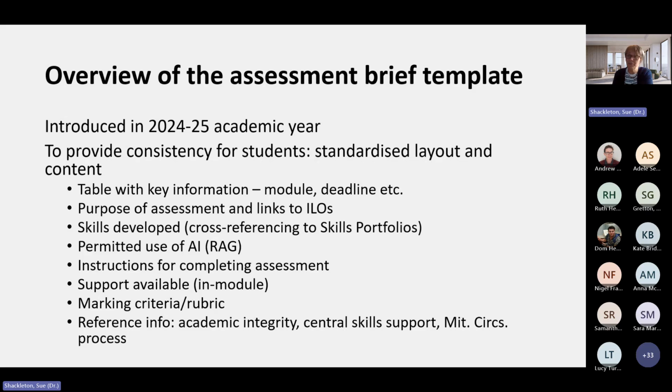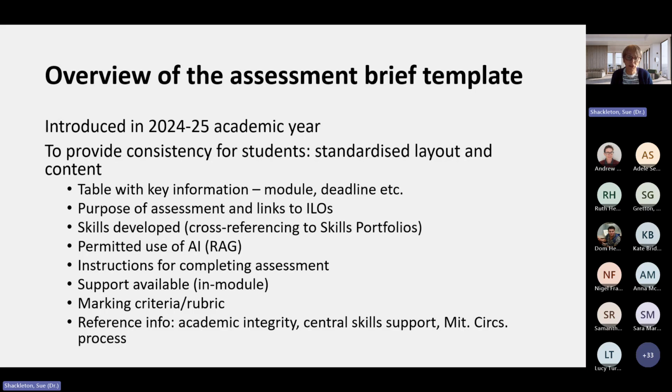And then obviously the main part is the instructions for actually completing the assessment, and then quite a lot of information about what support's available, so whether that's within the module, any support sessions or who to contact for advice if they need it, and then a link to the marking criteria or rubric depending what the assessment is. And then the final part is references to wider support and information.